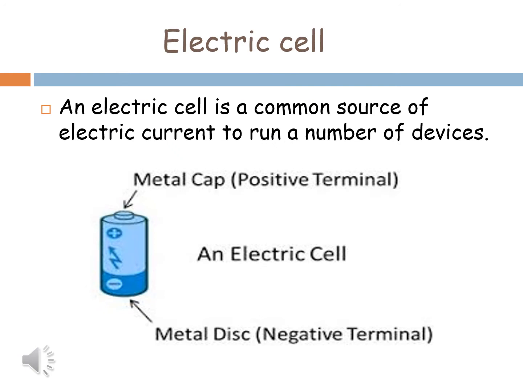Next is electric cell. We know that an electric cell is a common source of electric current to run a number of devices. We use these electric cells to get electricity, and then these can run many electrical appliances such as torches, transistors, TV remotes, Walkman, electric clocks, electronic toys, etc. Every electric cell has a positive and a negative terminal.